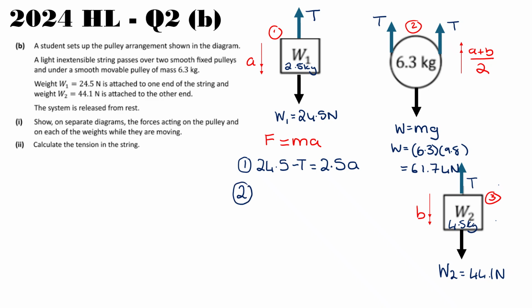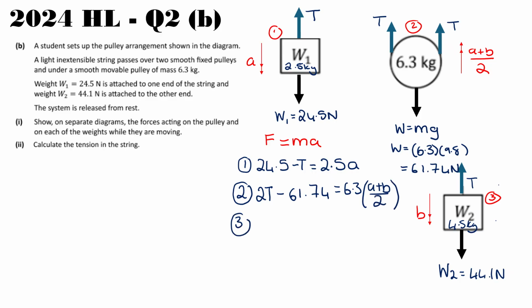For number 2, our movable pulley, it's moving up. So we have two tensions pulling it up minus its weight that's pulling it down because it's opposing the motion. And that is going to be equal to mass times its acceleration, which is (A plus B) over 2.